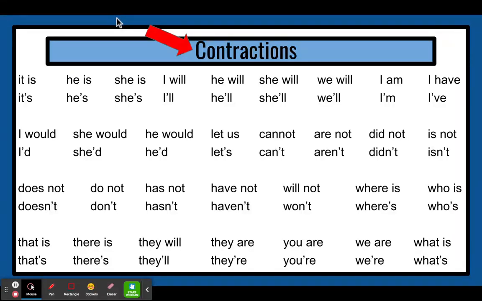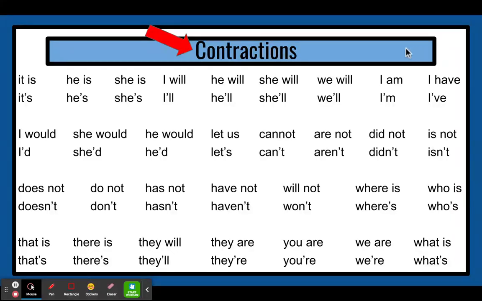I will becomes I'll. This apostrophe takes the place of the W and the I. So the apostrophe can take the place of two letters. It doesn't just have to be one letter. He will becomes he'll. And this apostrophe takes the place of the W and the I. She will becomes she'll.